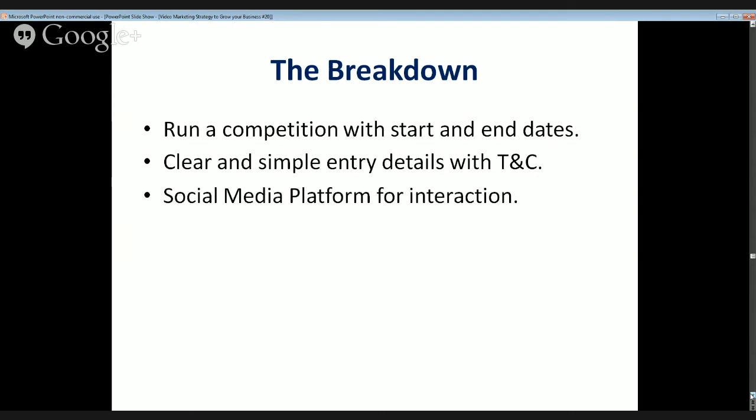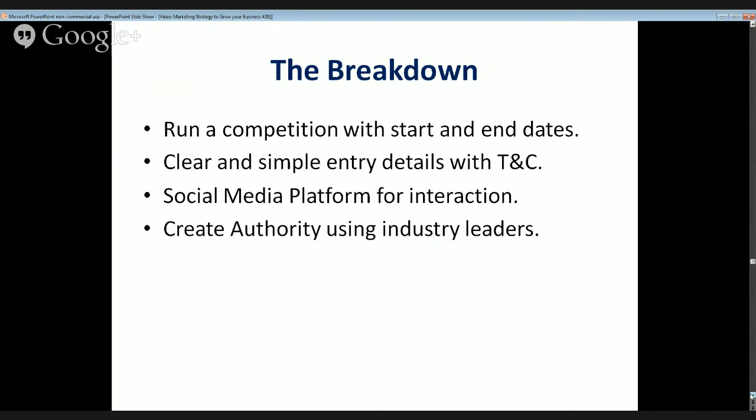You want to also pick a very good social media platform that gives you total interaction and engagement with your competition entrants. And obviously Facebook is a great one, but YouTube is even better for YouTube videos. But either one can work for you. Create authority using industry leaders. So are there people in your industry, in your niche, that you can ask to be a judge?